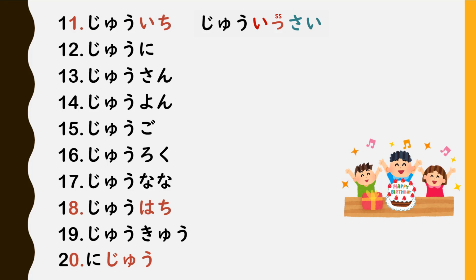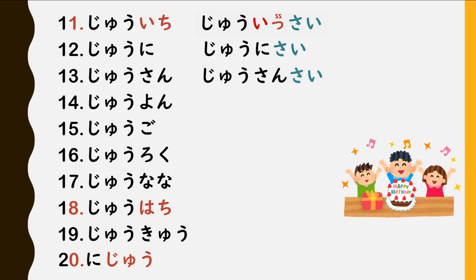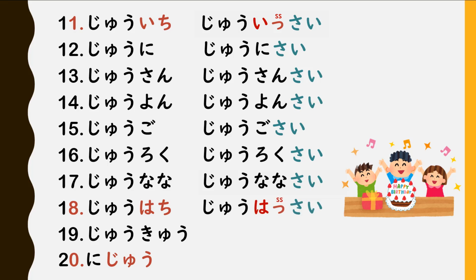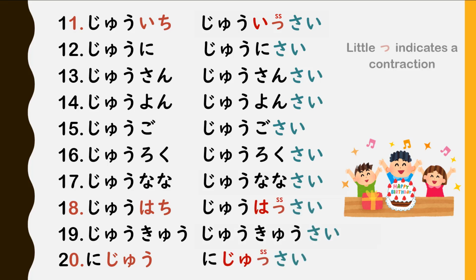Notice that the contraction is still there on the same numbers, 1, 8 and 10, but now that we're into the teens, it's on 11, 18 and 20. 11歳、12歳、13歳、14歳、15歳、16歳、17歳、18歳、19歳、20歳.